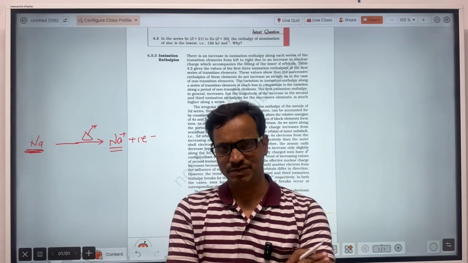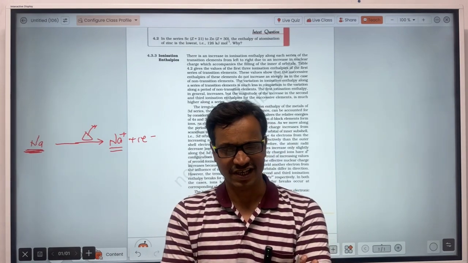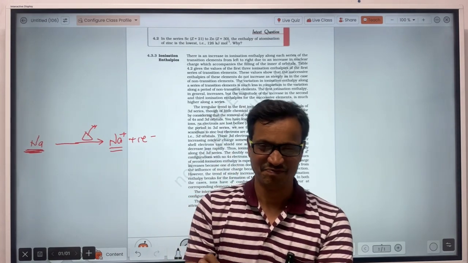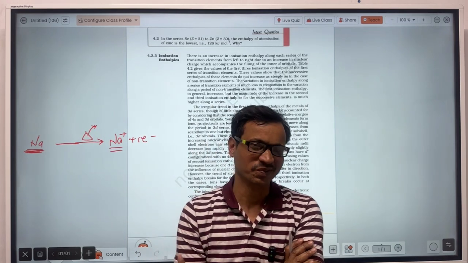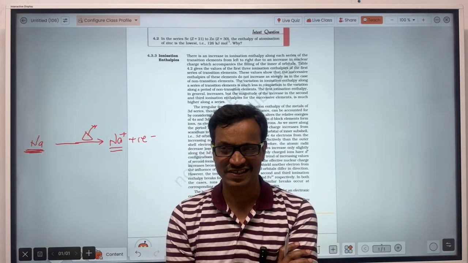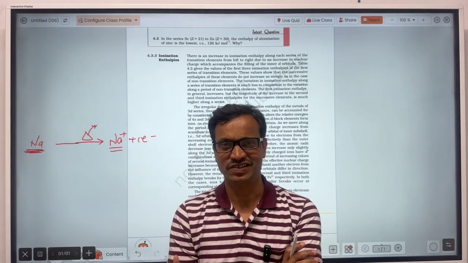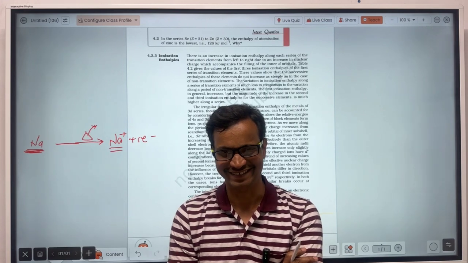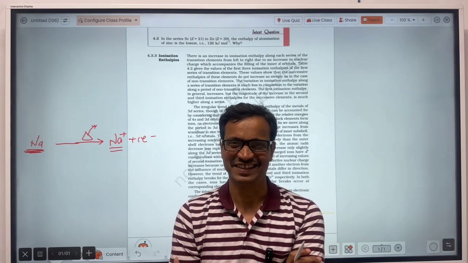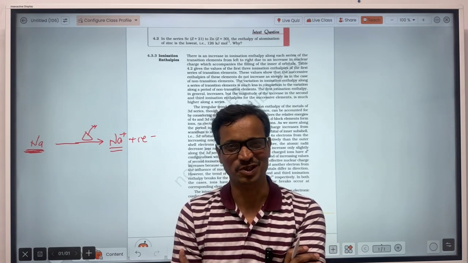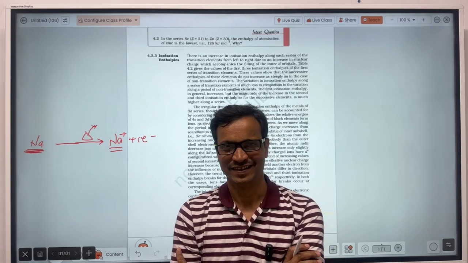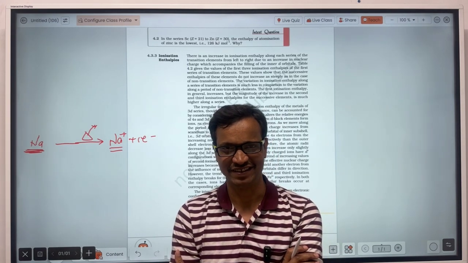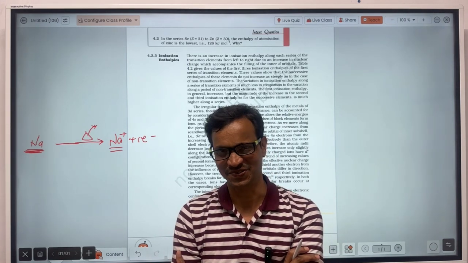In the 12th board examination, a question will not ask what is ionization enthalpy. But if you do not know what the term ionization enthalpy means, then how will you think about the phenomena in which ionization enthalpy plays a significant role?